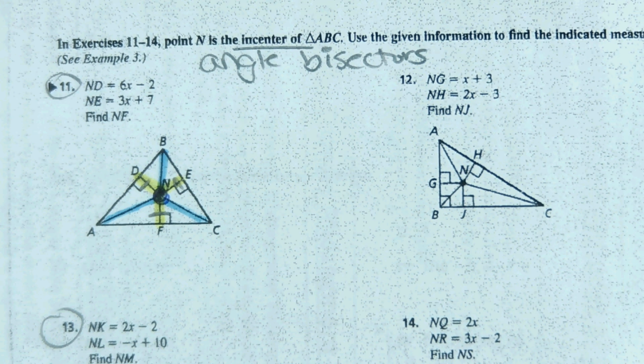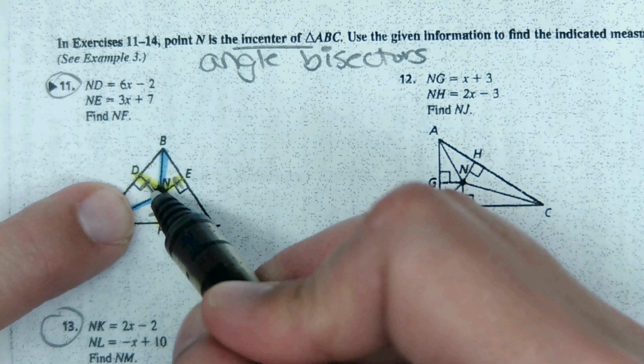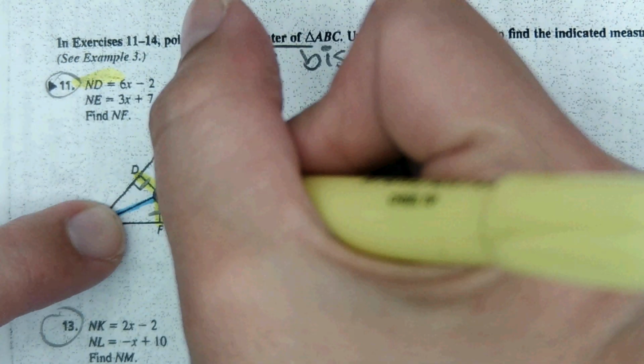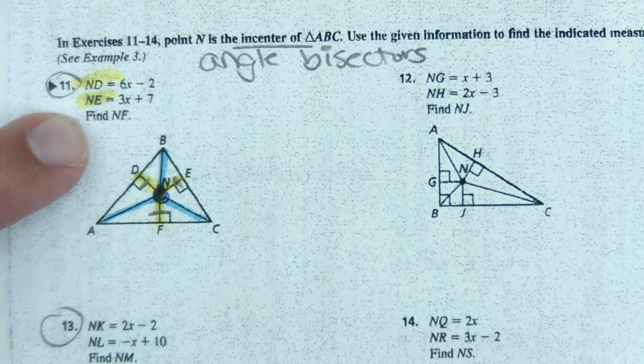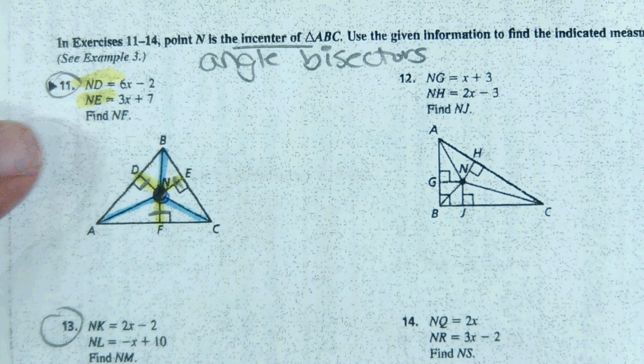Okay. It tells us that ND, which is one of the yellows, is equal to NE, which is another yellow. Or, well, it gives us an expression for both. Since they're both yellow, they are equal.